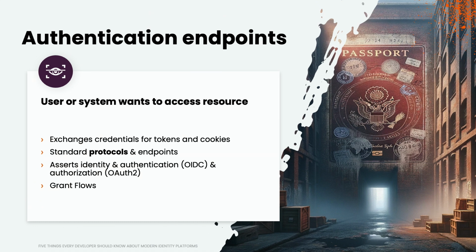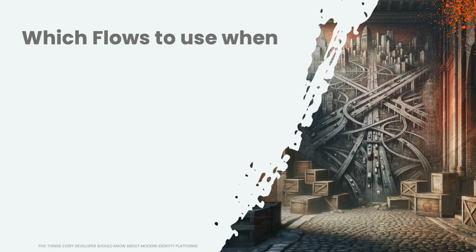Generally, this will use standardized protocols like OpenID Connect or OAuth 2. Well, these are just standards that define the interaction process needed in order to authenticate successfully. And the way this works is by using these things called grant flows. And while there are quite a few, I want to highlight just two of the most popular ones today.